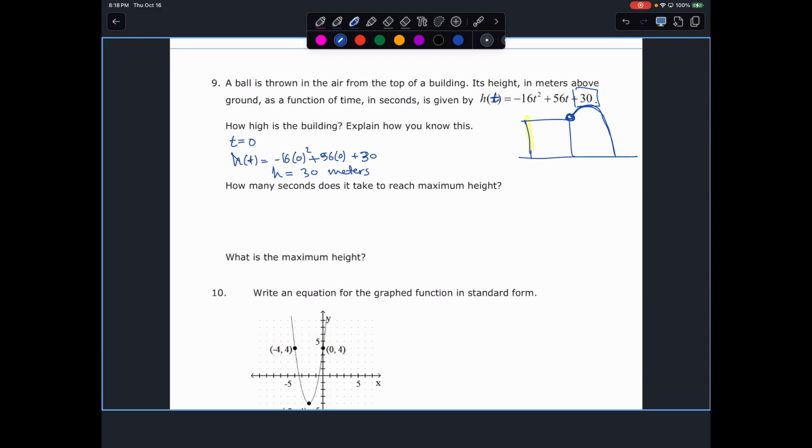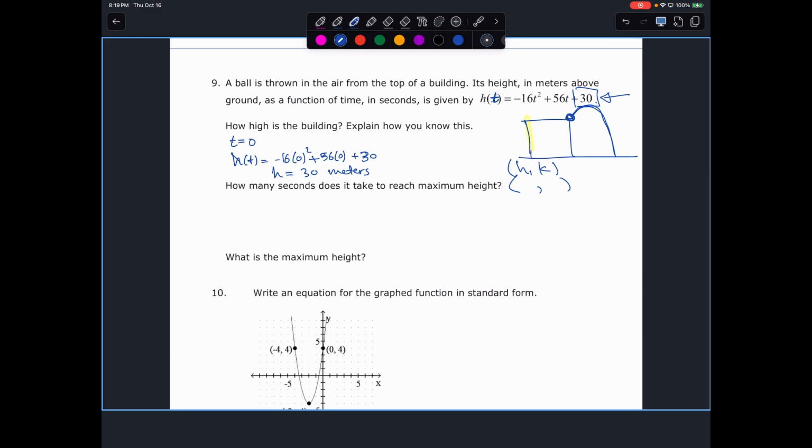The second part of the question says, how many seconds does it take to reach maximum height? How can we find out? Maximum reminds you of what? Vertex, that's right. So h and k, the vertex. Based on this function, what does h represent?